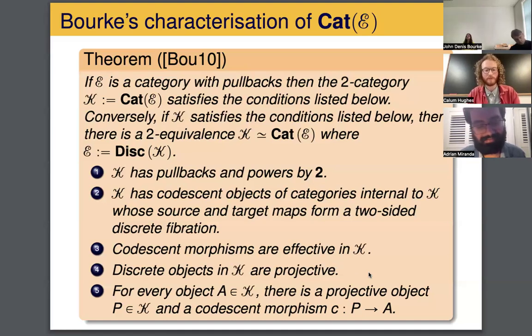I should maybe mention that the two-category of categories is an elementary two-topos in the sense of Weber, because we've got this classifying discrete opfibration, and this duality involution comes from just taking op in Cat. So yes, it is an elementary two-topos.